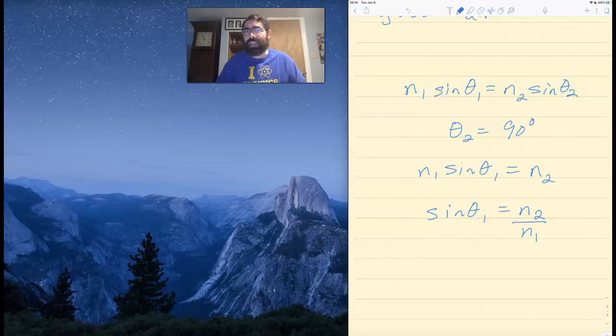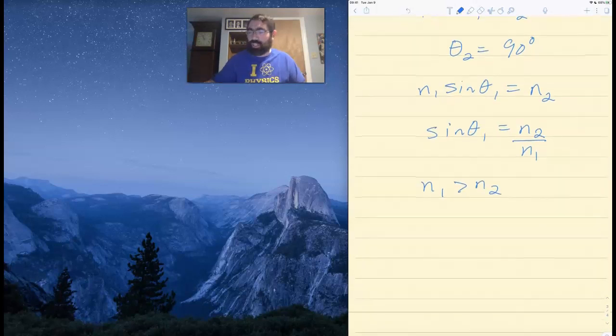And I said it had to be the special case where n1 is greater than n2, because if n2 is greater than n1, I would get a ratio which is bigger than 1. And again, everybody knows the sine of any angle cannot be greater than 1. The answer to any sine problem is always somewhere between -1 and 1. But the interesting thing is that this is now called the critical angle.